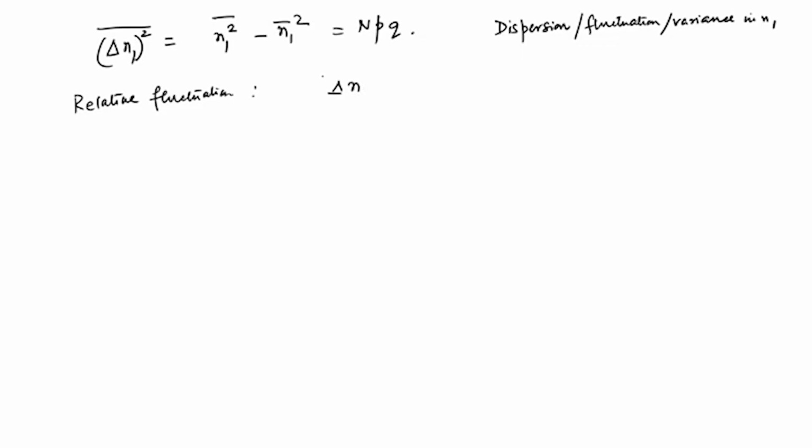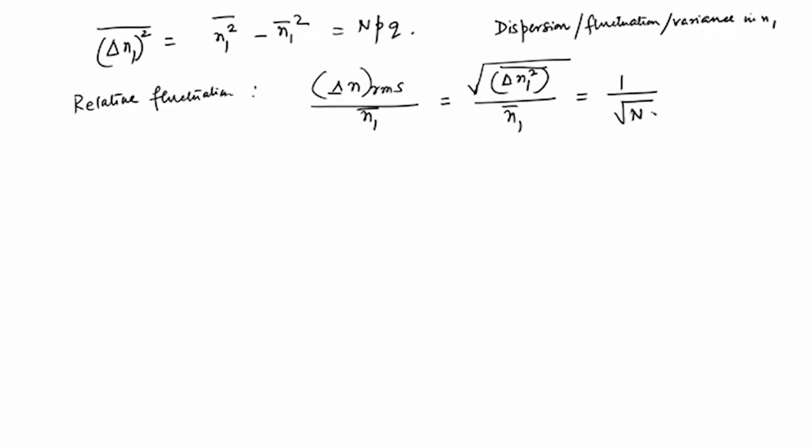So, delta n RMS divided by n1 average is the root of delta n1 square average divided by n1 average, and this goes as 1 by root n.